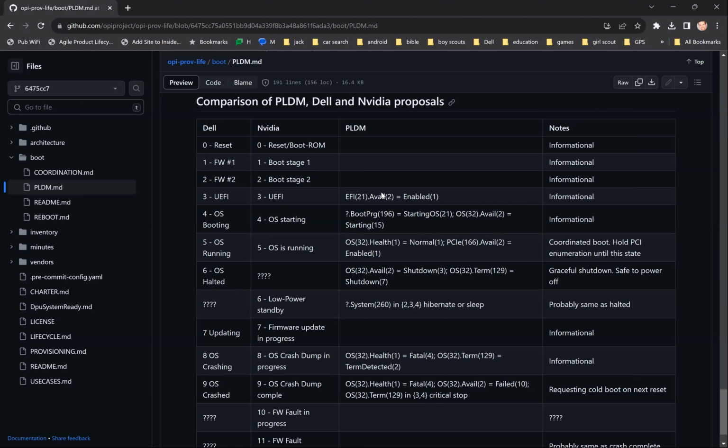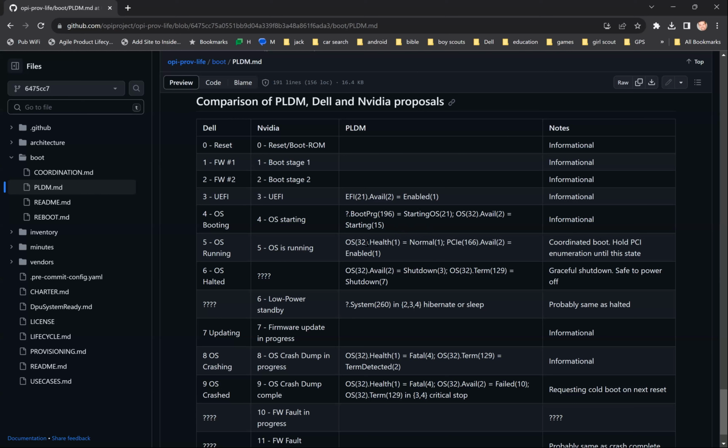So the state of the service may not be defined as booted in some cases. So this state here might need a little work. It's saying OS running, and to me, as a Linux person, that would mean you hit multi-user mode. But is that a good time to release the hold on PCIe enumeration? Maybe not, because you could be in multi-user mode and there could be other services still starting.